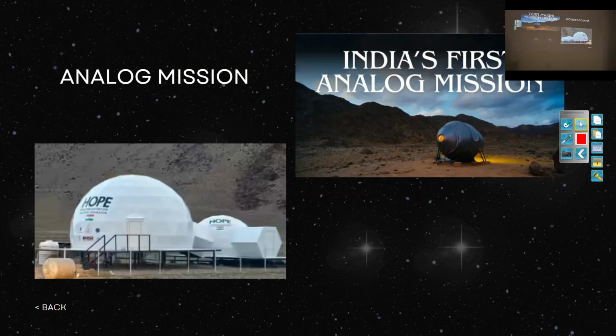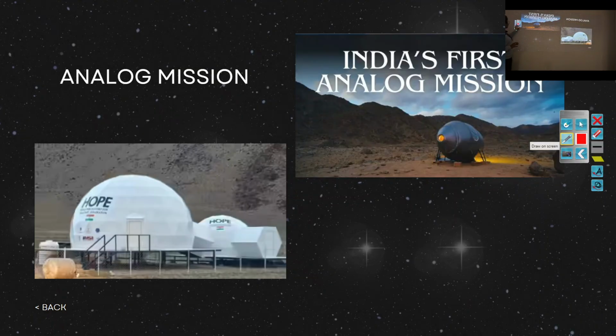So you can write: ISRO launched its first analog or simulated space mission at Somore Valley in Ladakh.